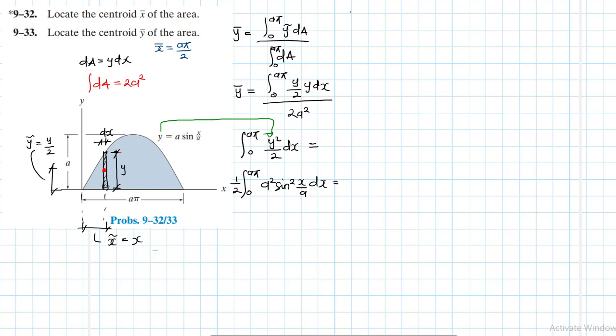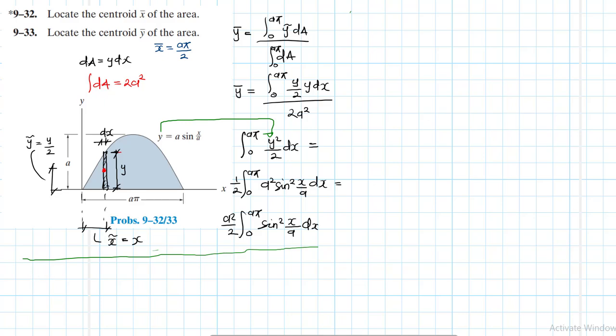So when we reach this stage, of course we can factor out the a squared. We can say the integral from 0 to a pi of a squared over 2, then we only have sine squared x over a dx. So we can use identities to rewrite sine squared x over a.